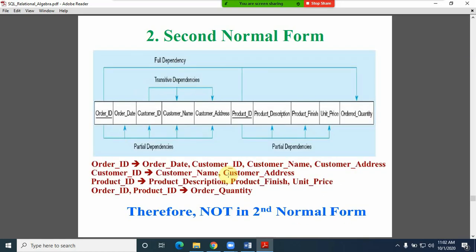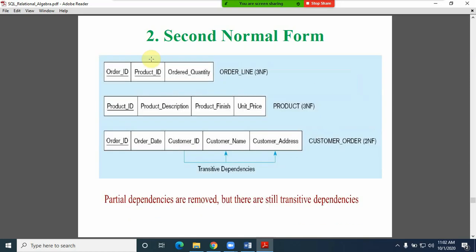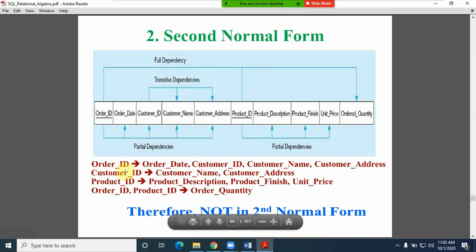Anyhow, order ID, product ID, order quantity is having the dependency. That's the reason we are mentioning order ID, product ID, order quantity as one table. No problem. That is one thing. Second important thing is, just let us discuss the order ID. If you are referencing the order ID, because order ID is determining order date, customer ID, customer name, customer address.